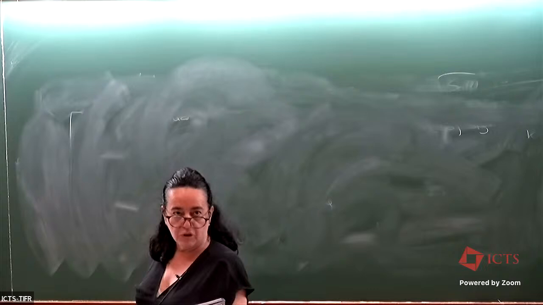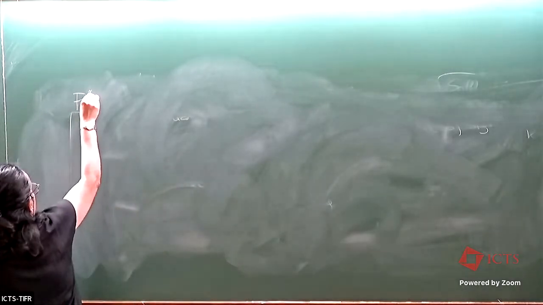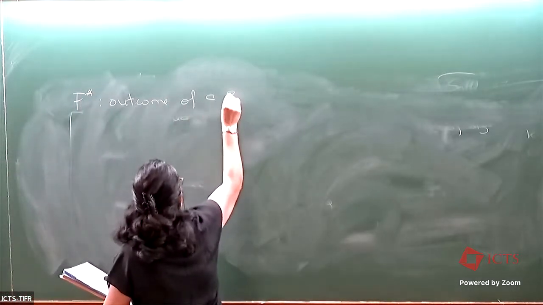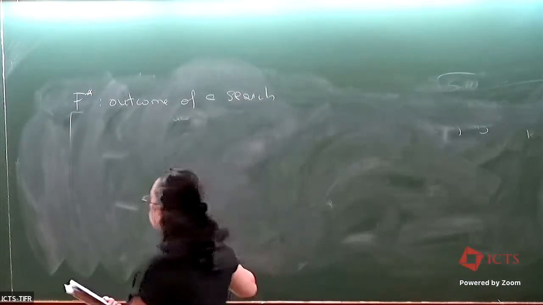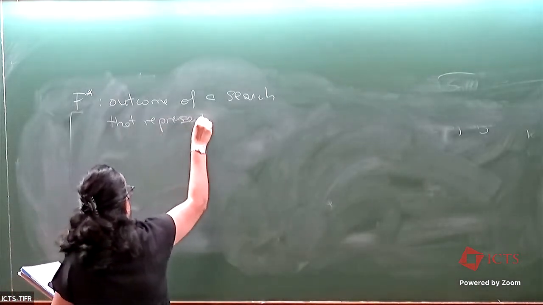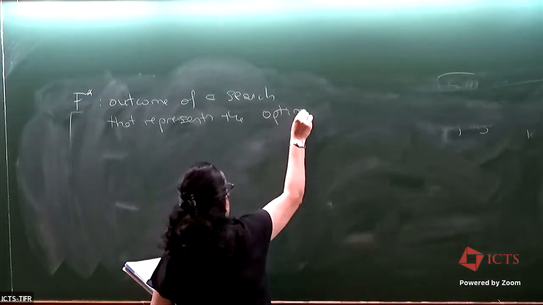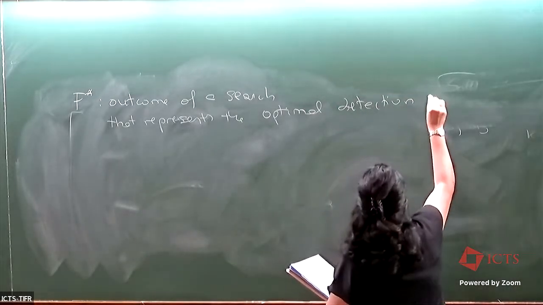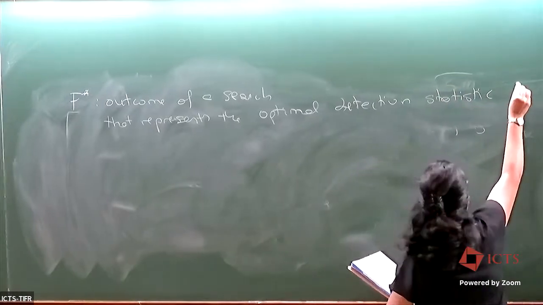So basically, if we do a search using these statistics, the outcome of a search is going to be a certain value that represents the optimal detection statistics for this search.